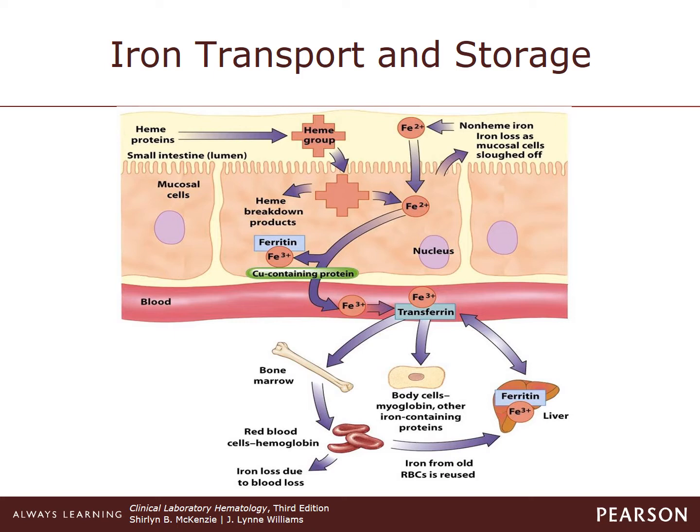As for iron storage, ferritin stores up to 4,500 molecules of ferric iron and is the primary storage compound for iron. It's readily available for erythropoiesis, and it's found in the bone marrow, liver, and spleen, and it gives us a really good index of the iron stores within the body.